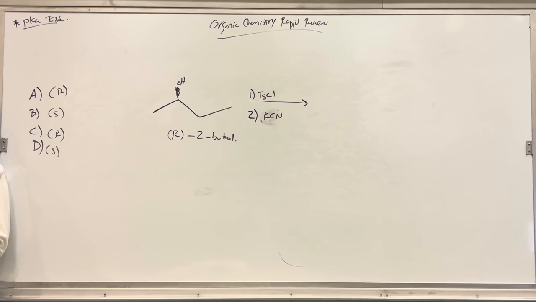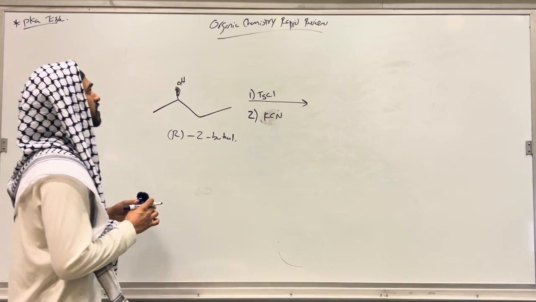Because the tosyl chloride is a backside attack, no? Not the tosyl chloride. The tosyl chloride actually makes a leaving group out of the alcohol. How?